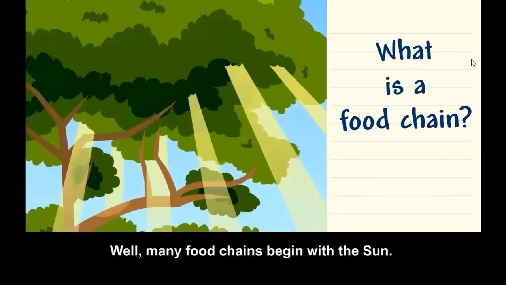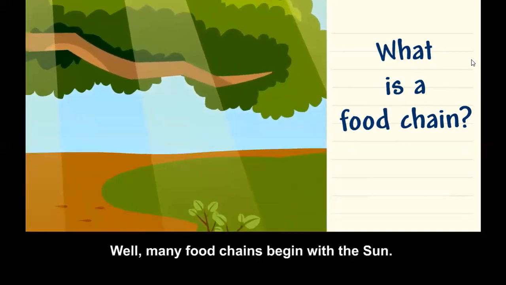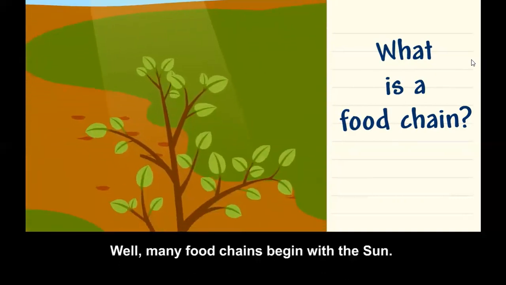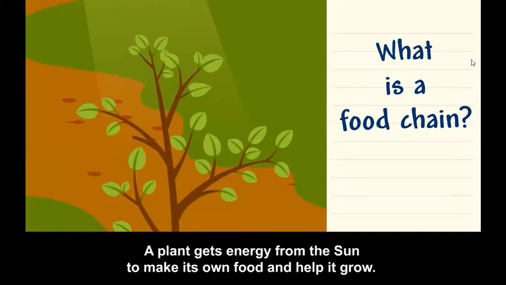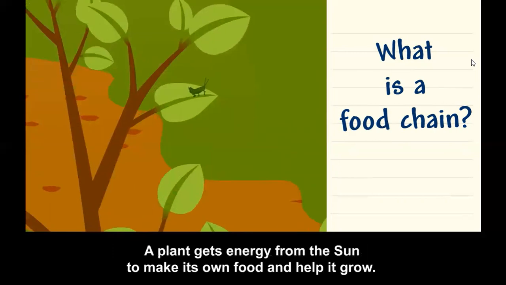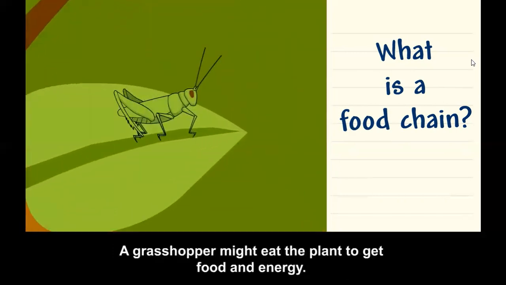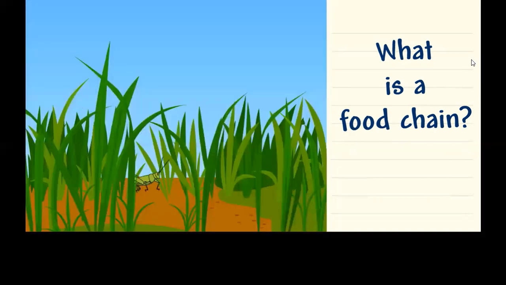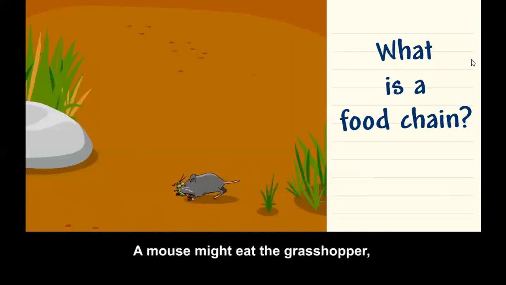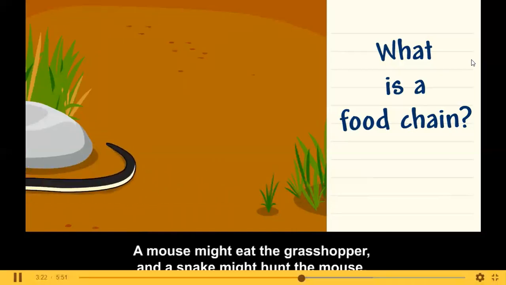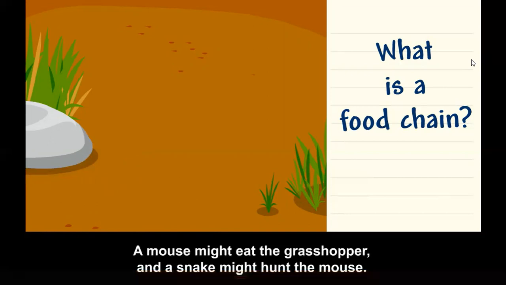Well, many food chains begin with the sun. A plant gets energy from the sun to make its own food and help it grow. A grasshopper might eat the plant to get food and energy. A mouse might eat the grasshopper, and a snake might hunt the mouse.